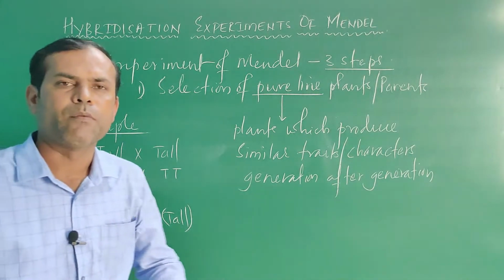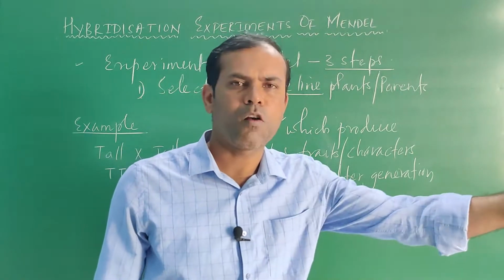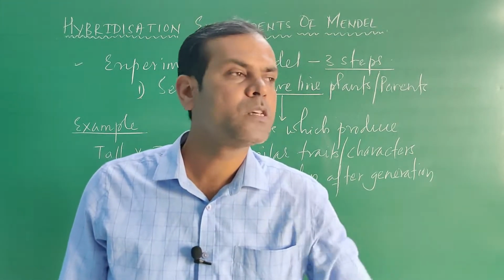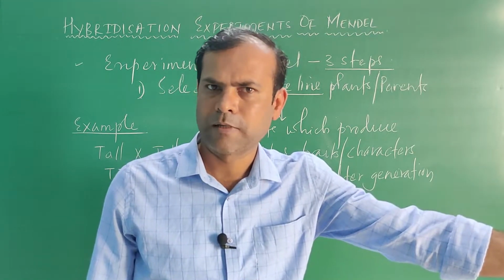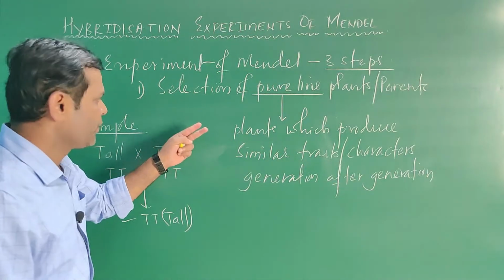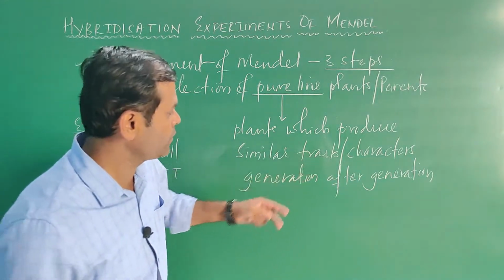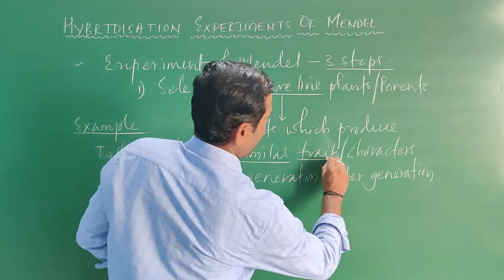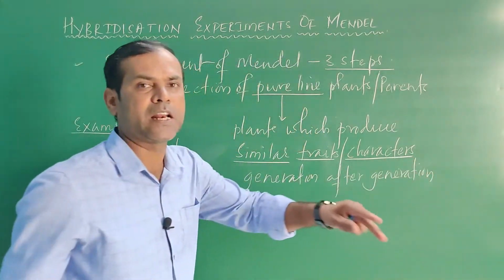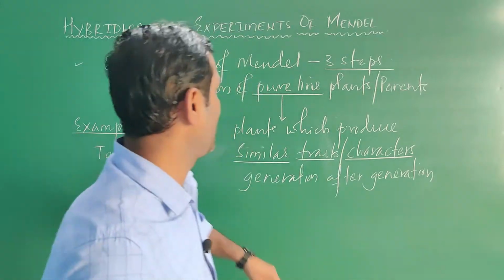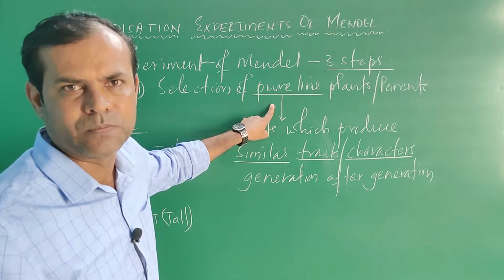In the same way, when you cross a dwarf plant with a dwarf plant, it always produces dwarf plants. Am I right? So, the plants which show same characters or traits generation after generation are known as pure lines.